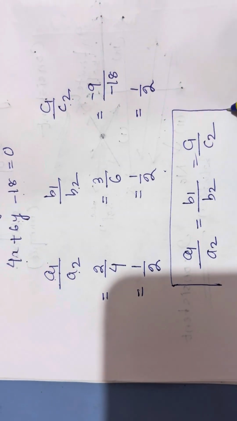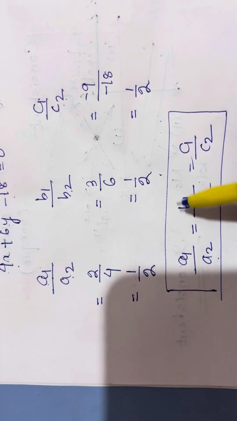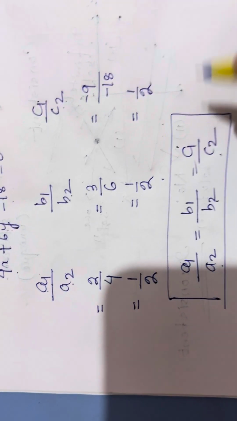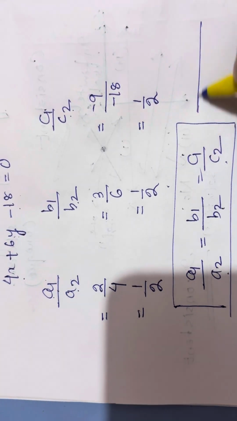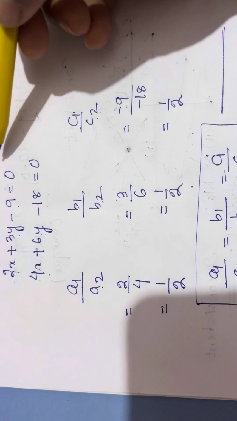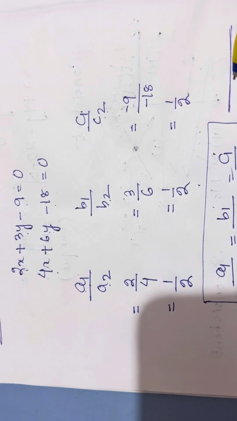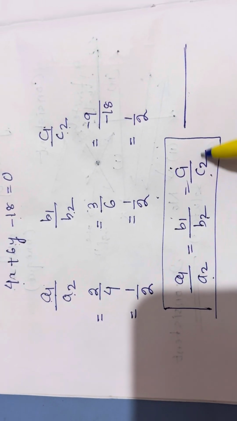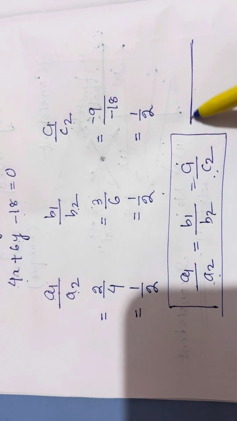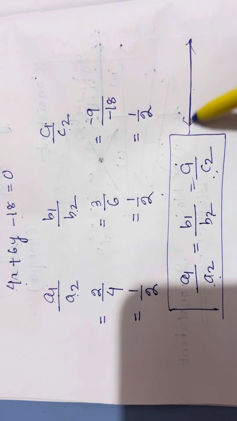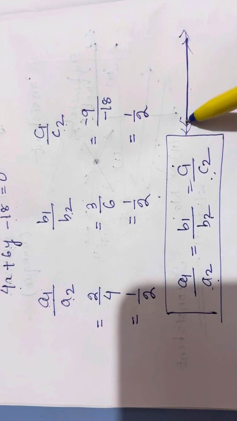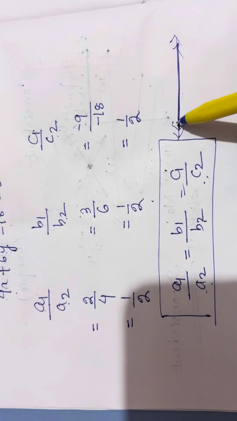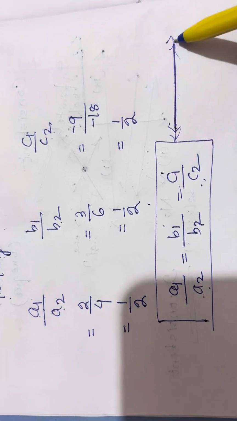When the ratios a1 by a2, b1 by b2 and c1 by c2 all come out equal, that means the two lines for the two linear equations will be coinciding with each other on the graph paper. When the two lines coincide, they meet at every single point.